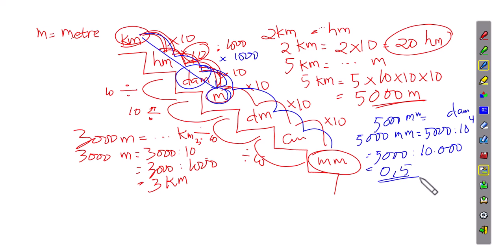And the same case you can apply to the unit of mass. The concept of converting the units is just the same. For example, we have here the units of mass. The names are almost the same as well.